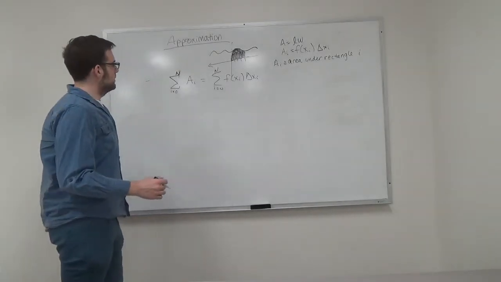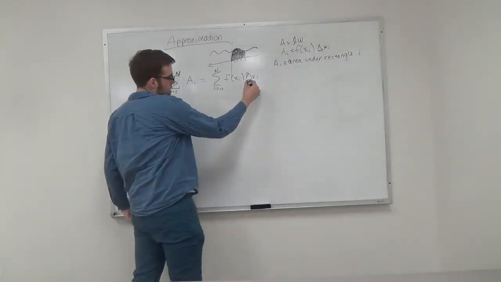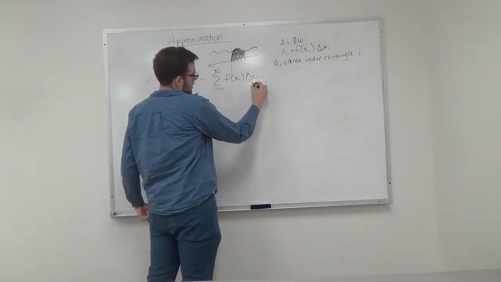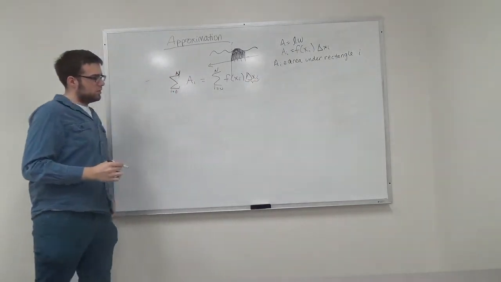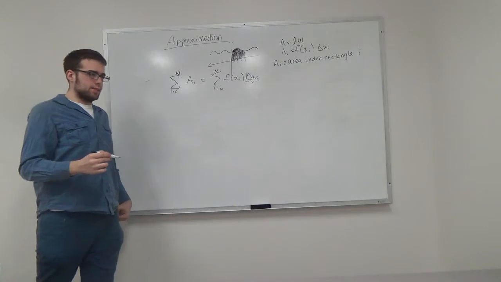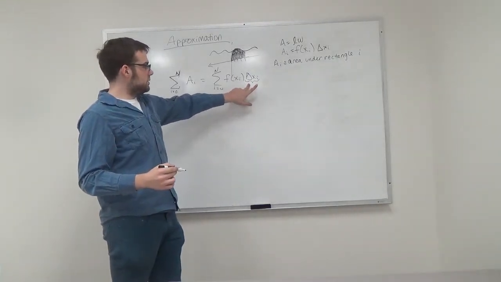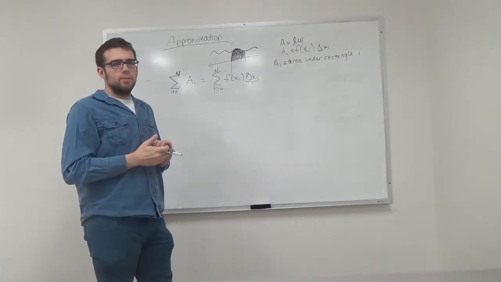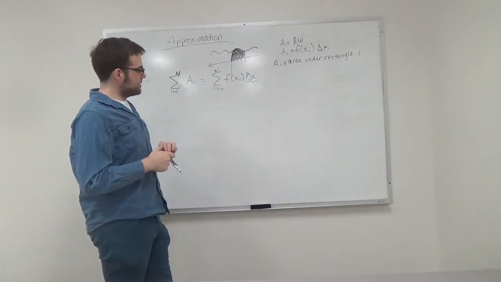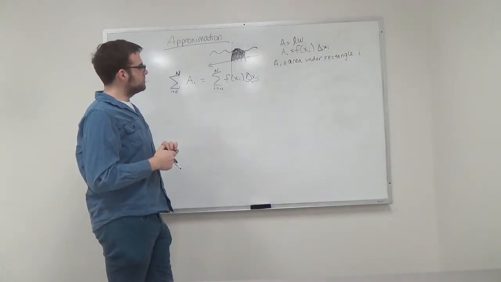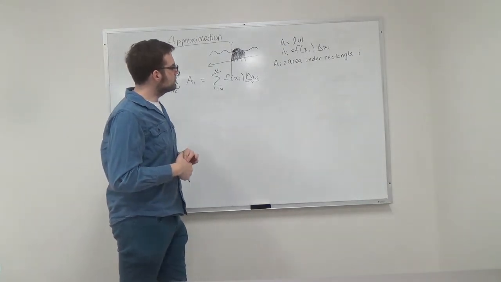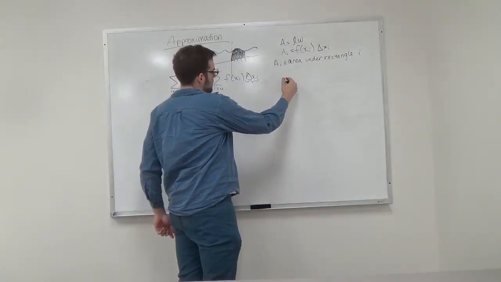Now we have to add one extra term, because we have this delta x which we haven't defined. Say delta x is equal to 1.